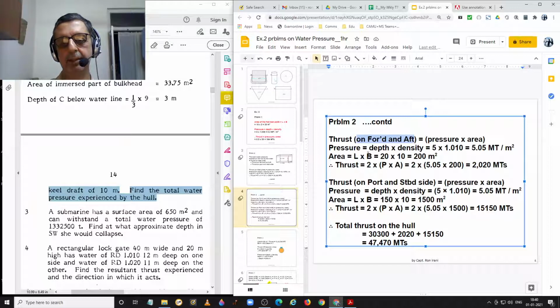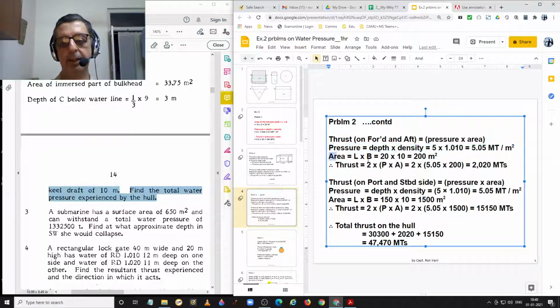Hence, instead of taking the draft as 10 meters, we will take the depth as half the draft, equal to 5 meters. Therefore, pressure is equal to depth into density, equal to 5 into 1.010, and that gives us 5.05 metric tons per square meter.